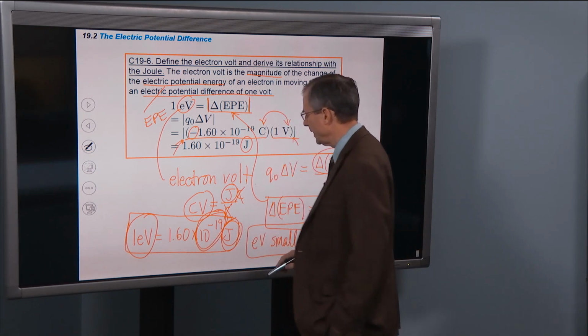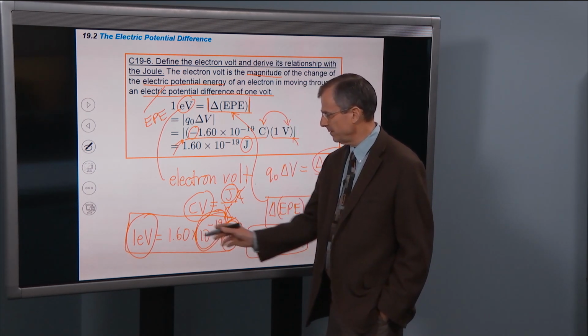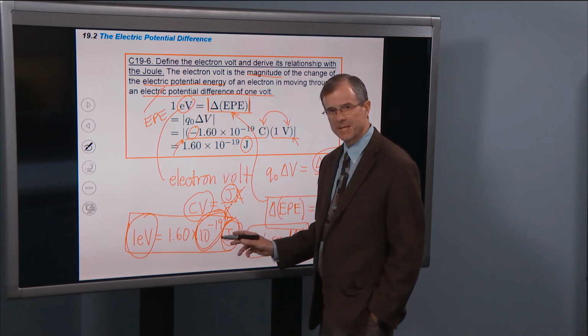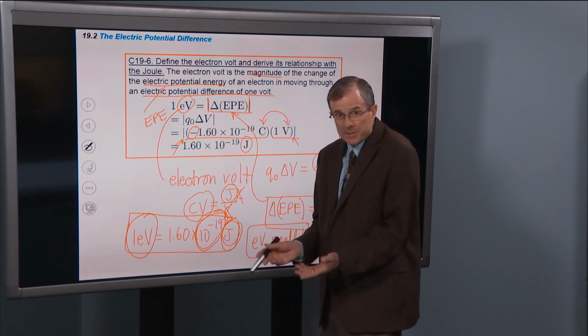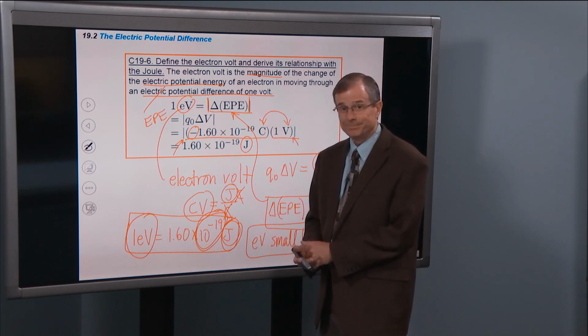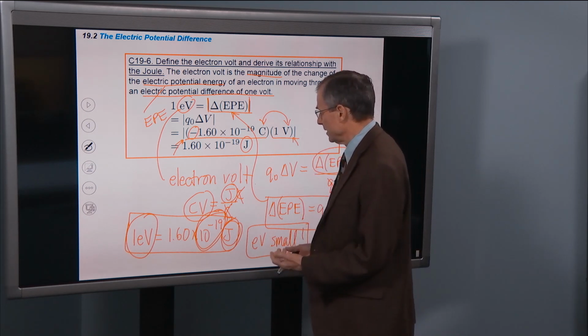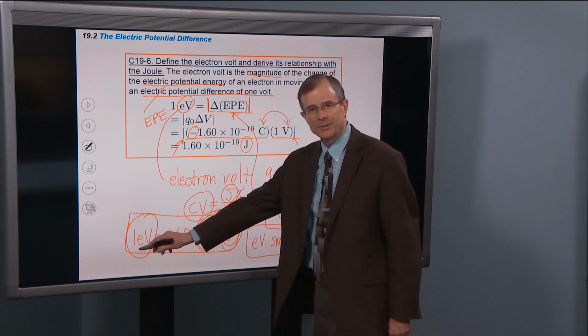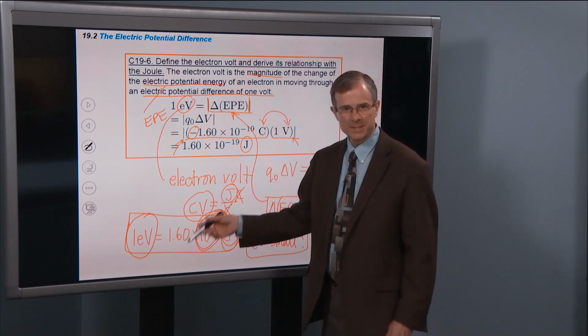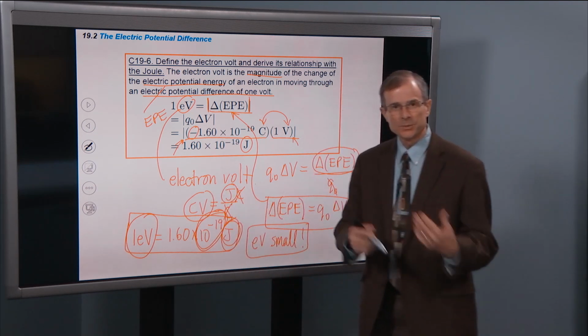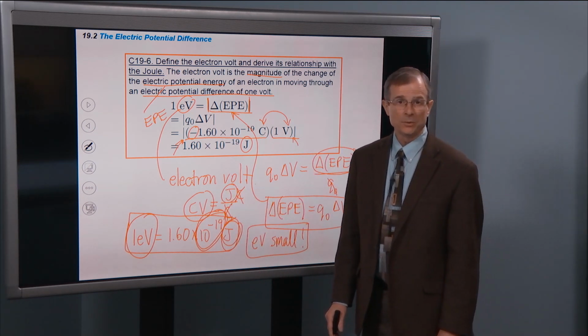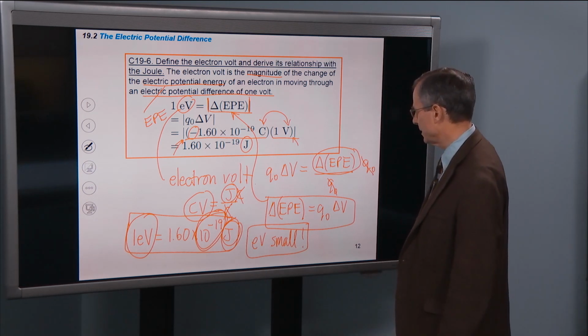And you say, well, hang on, this is just 1.6 times 10 to the minus 19. That's the same as the charge on the electron. And I say, yeah, you're right. It is. So the conversion factor between electron volts and joules has the same numerical factor as the basic unit of charge, 1.6 times 10 to the minus 19.